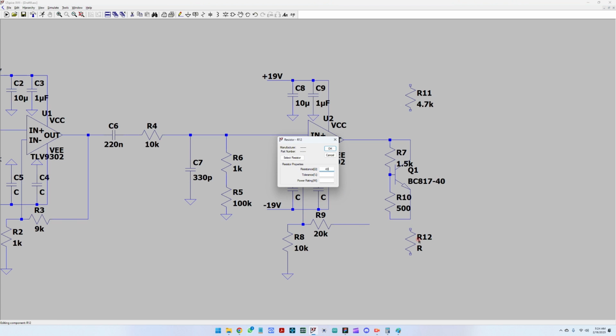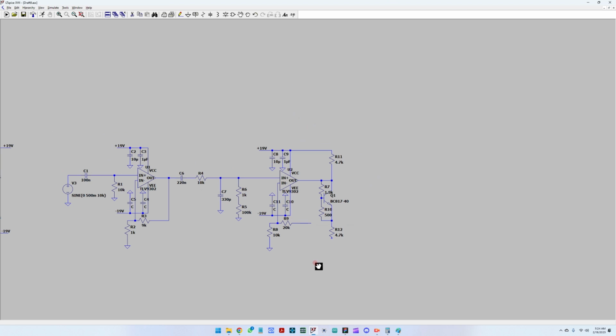Here let's put 4.7 kilo ohm, and this should go to the supply, or 19 volts, and this should go to minus 19 volts. Maybe I can move these a bit lower because I don't want the traces to intersect.